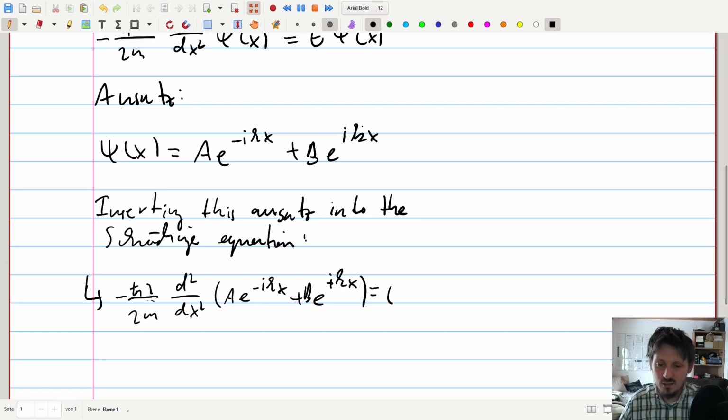And this is equal, as I said, to E times (a times e to the power minus ikx plus b times e to the power ikx). Okay, we have not done anything else except just inserting this into our equation.